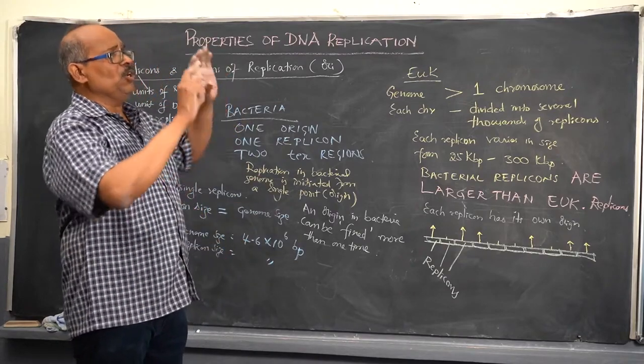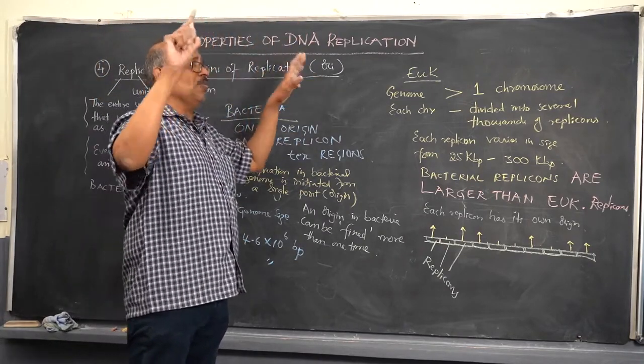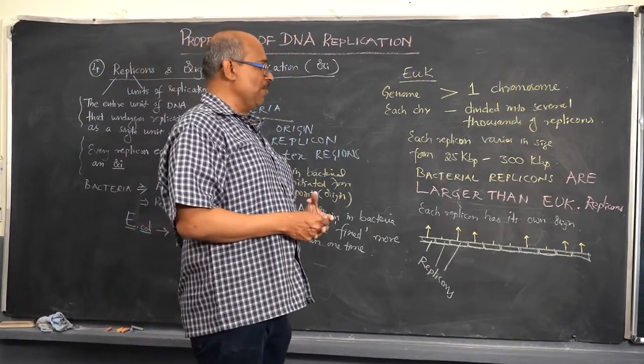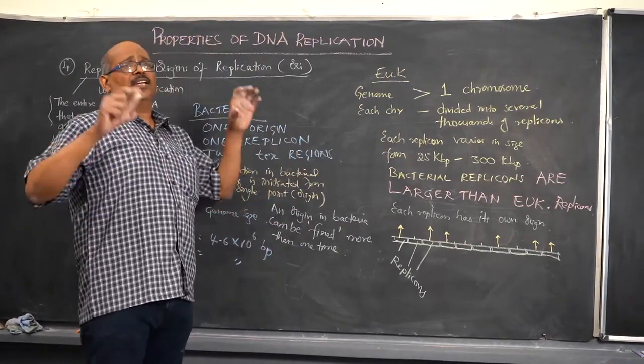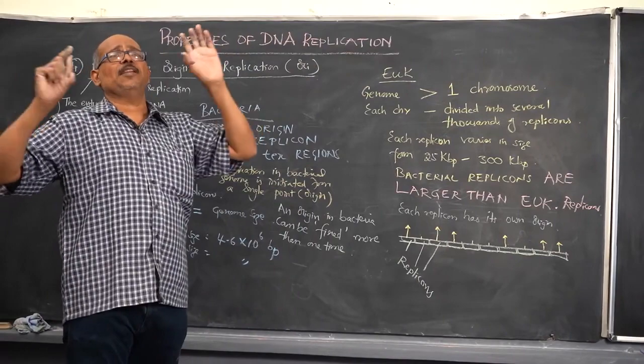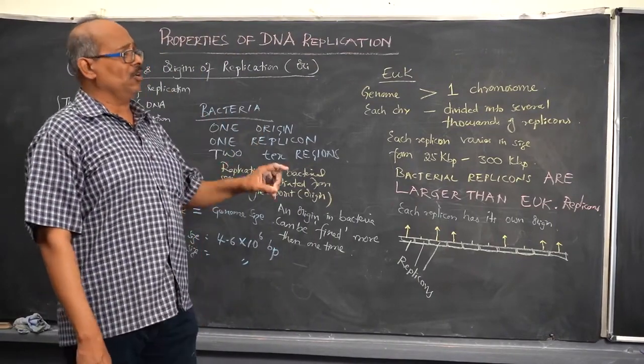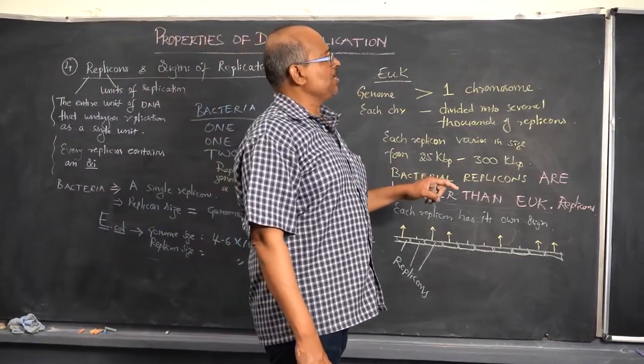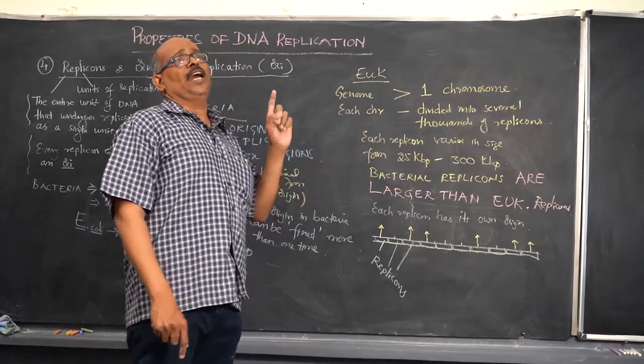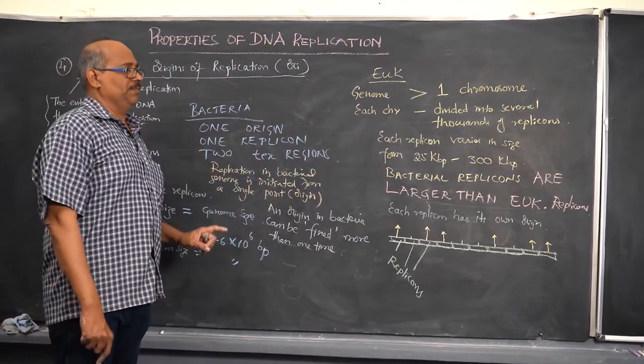So as a result, when you look at the eukaryotic chromosome under an electron microscope, you see replication bubbles formed at several positions on the chromosome, unlike E. coli, where your replication bubble is found only at one single position.